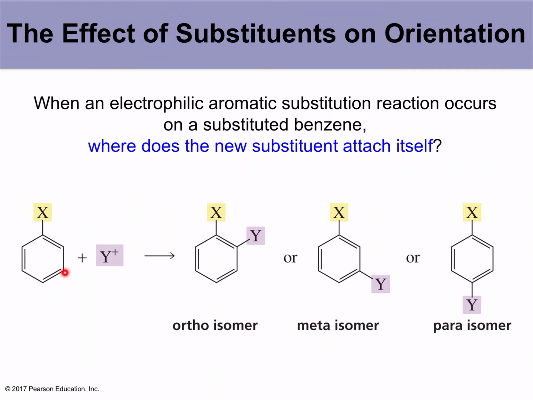If it is just the benzene ring, the substituent can attach to any place because every place is similar in electron density. Whereas if you have a substituent already attached and you want to put another substituent, then we need to figure out whether it's going to go to the ortho position, meta position, or the para position. If it goes to the ortho position, you will have a substituent like this. This is the meta isomer and this is the para isomer.